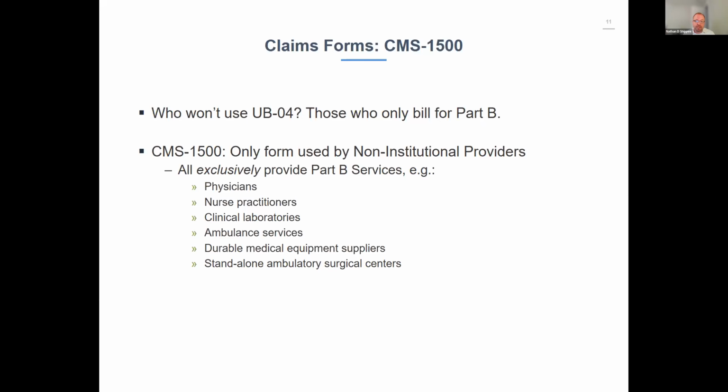And if you were going to get a picture of ambulance services that is as comprehensive as you can be in Medicare Fee-for-Service, you would actually want to look at an institutional provider like a hospital that's providing a Part B service, right? So you can have it in that hospital outpatient type space, or it could be a standalone ambulance service that is a fully non-institutional provider.